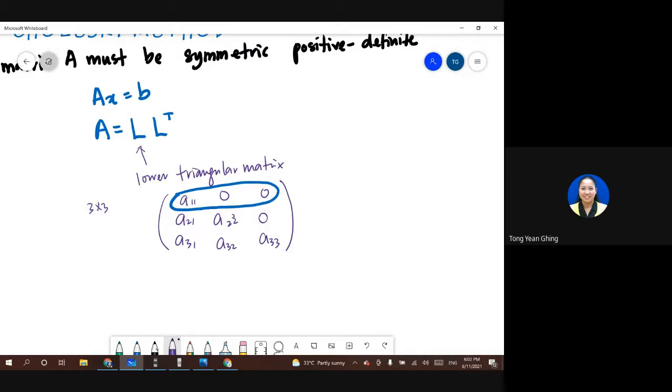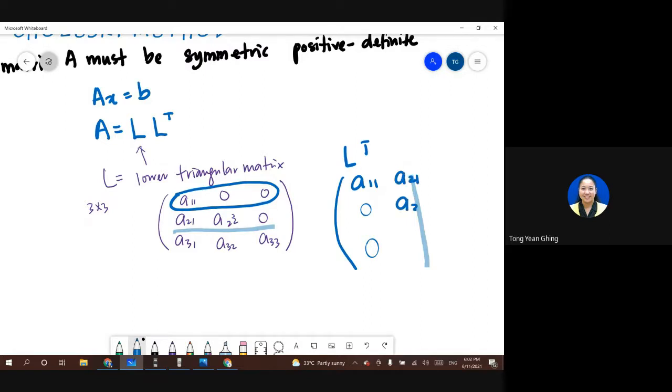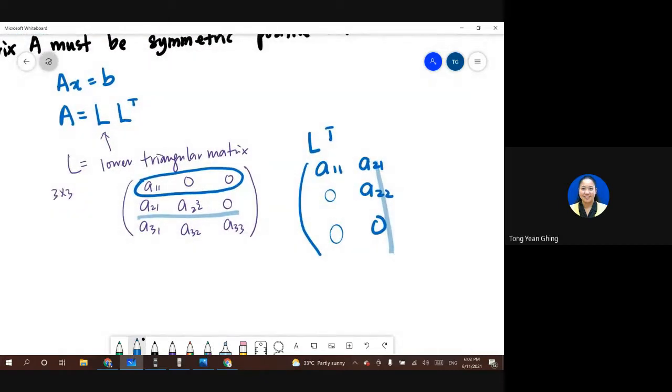Let's say this is L. Then L transpose will be A11, 0, 0 for the first column, then the second row becomes the second column: A21, A22, 0, and the third row becomes the third column: A31, A32, A33.